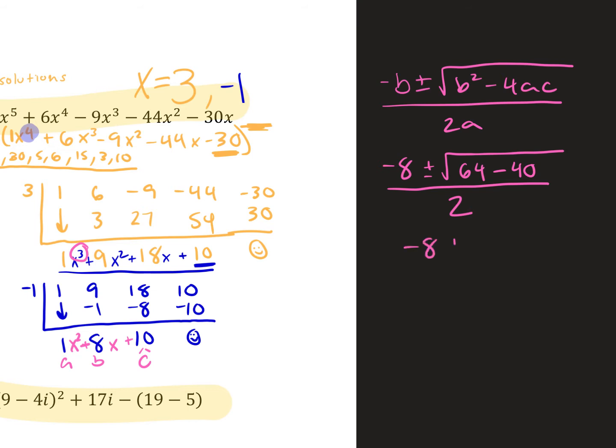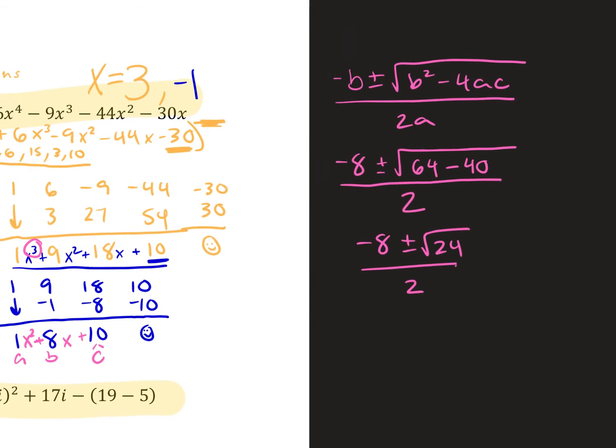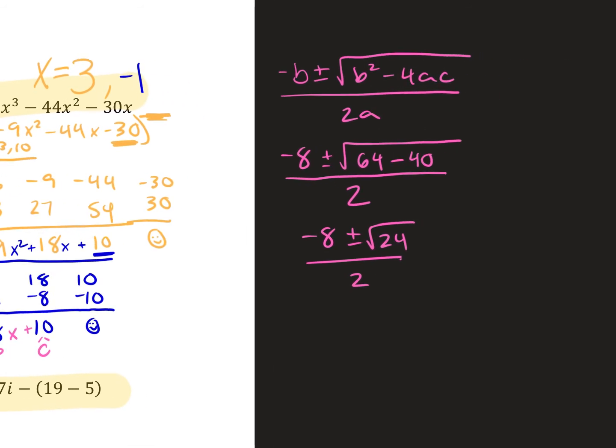So now I have negative 8 plus or minus 64 minus 40 would be 24 over 2. What can I do next? I can simplify my square root.